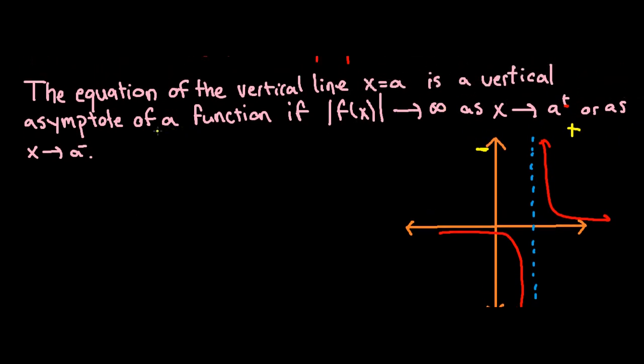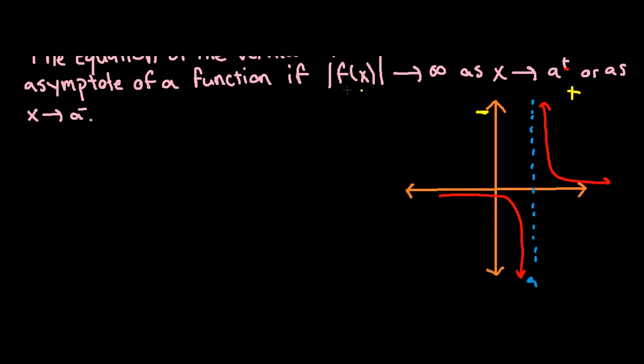And here it says that a function has a vertical asymptote if the absolute value of the function of x approaches infinity, then it is an asymptote. Here we can see that it approaches infinity, and here it approaches infinity.